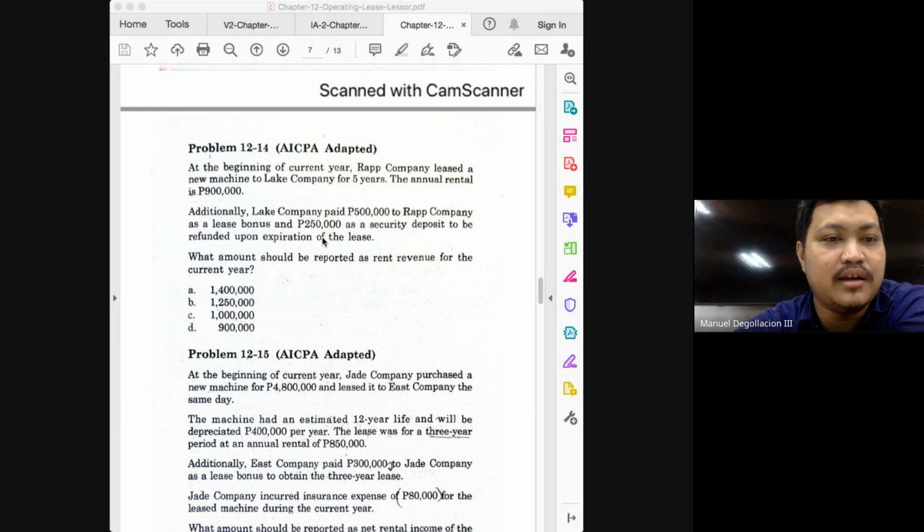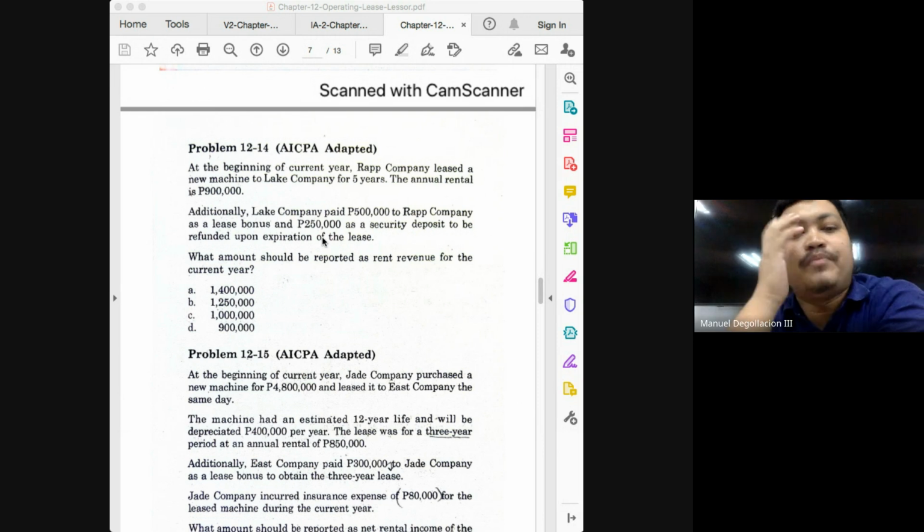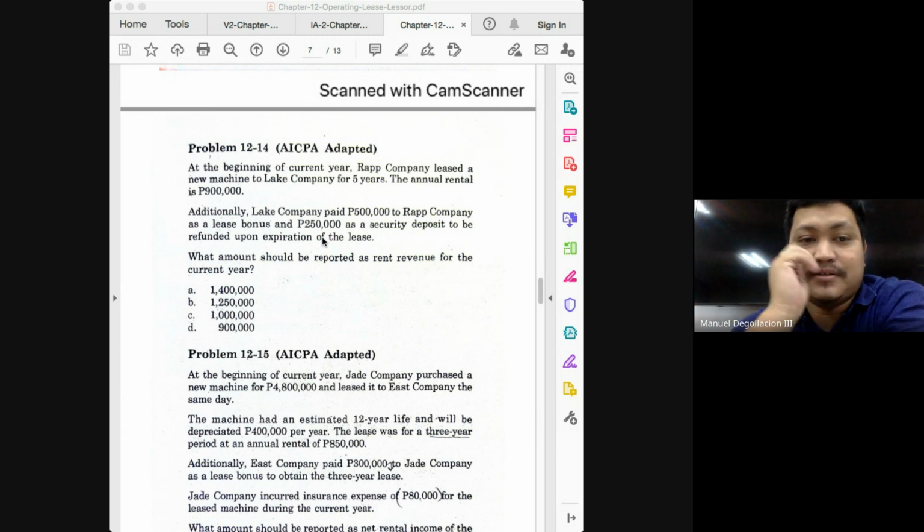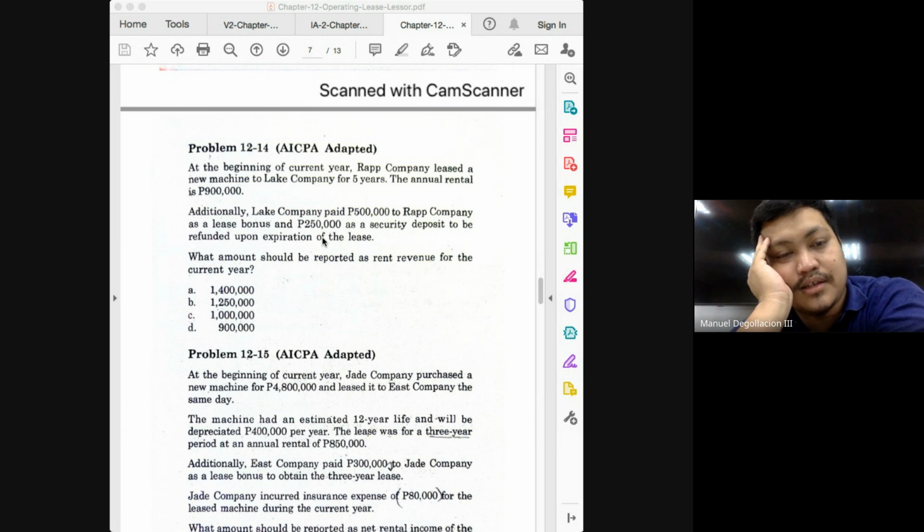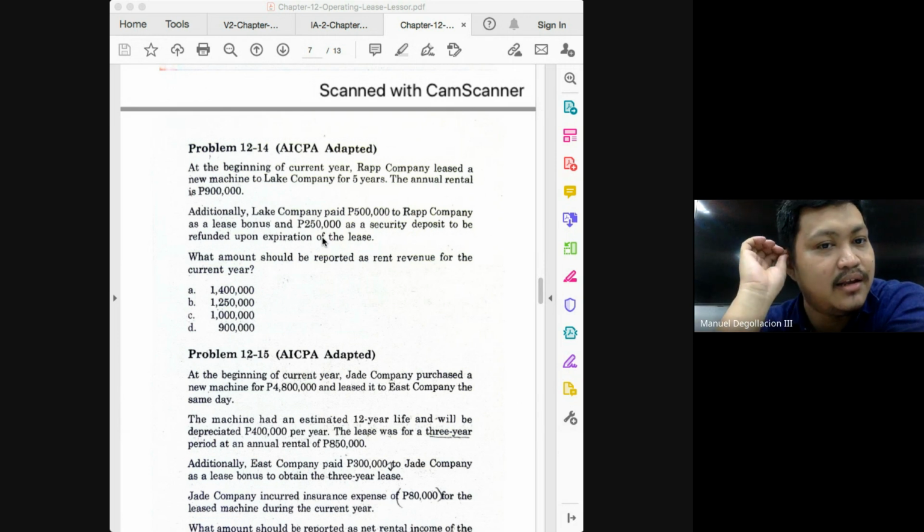Annual rental is 900. Additionally, Lake Company paid 500,000 to RAP Company as lease bonus and 250,000 as a security deposit. Okay, so the lease bonus, similar to your initial direct cost, this will reduce your rental income.